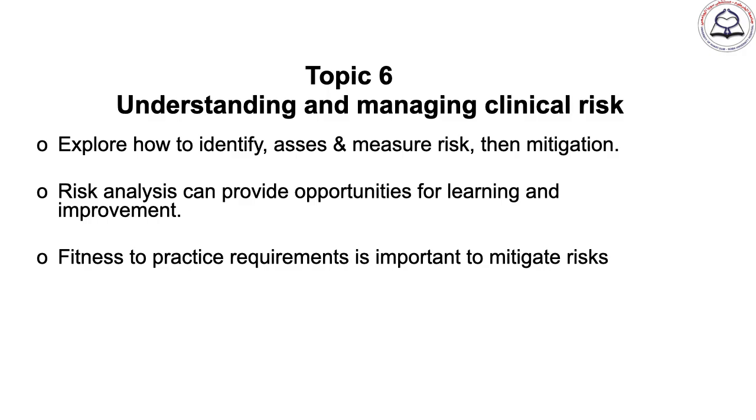Explore how to identify, assess and measure risk, and then how to mitigate these risks. Risk analysis can provide opportunity for learning and improvement. At the same time, we need to assess our fitness to practice. This requires a conscious analysis of our situation so that we can mitigate our own risk, if it is related to knowledge, sickness, or any other factors.